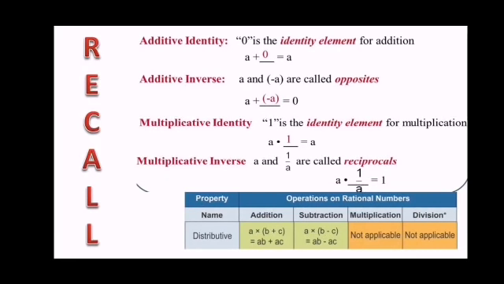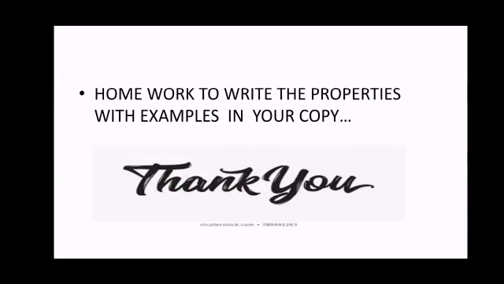Fifth property, distributivity. Under addition, A into B plus C is equal to A into B plus A into C. Under subtraction, A into B minus C is equal to A into B minus A into C. Under multiplication and division, as such it is not applicable.